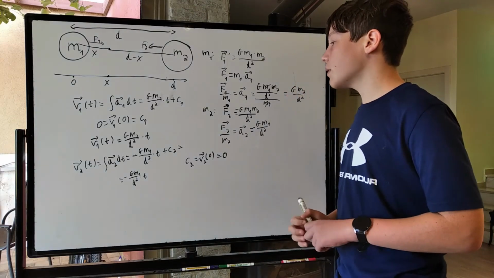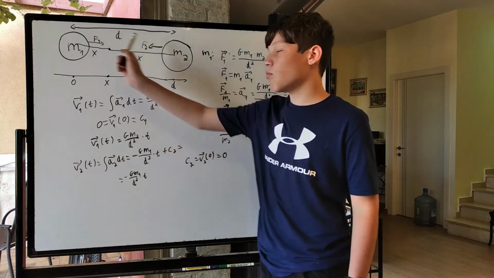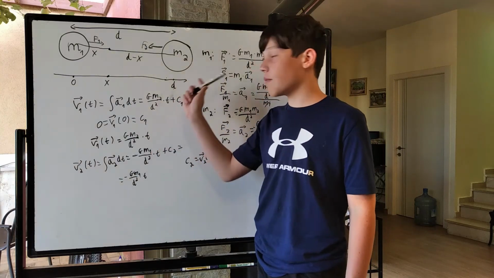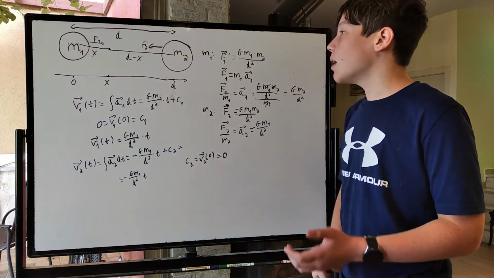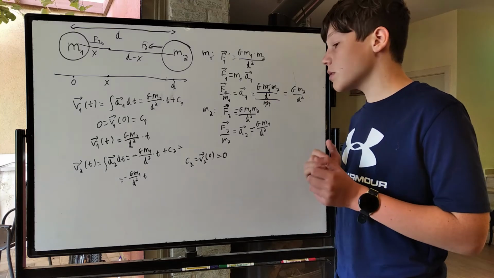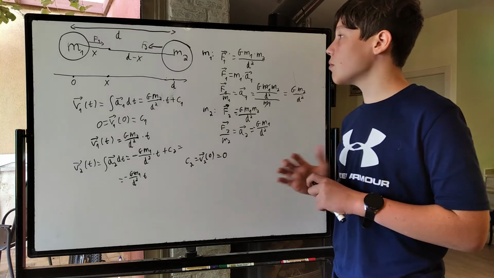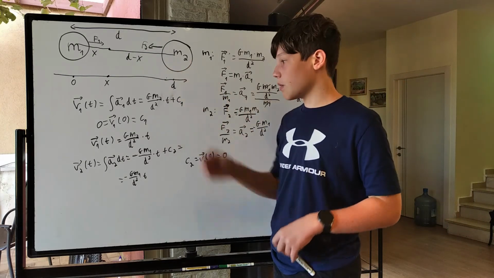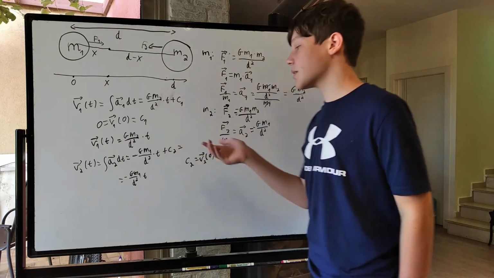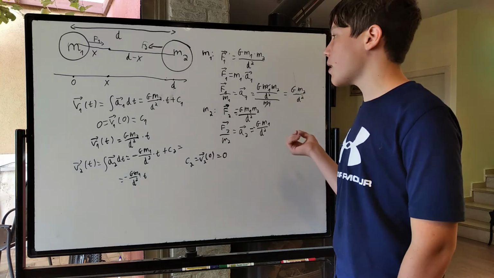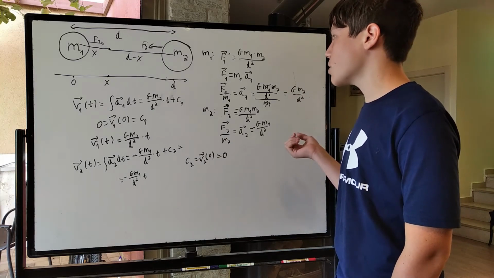So now that we have the velocity of m1 with respect to t and the velocity of m2 with respect to t, now we can figure out their position with respect to t: x1 with respect to t and x2 with respect to t, again by the process of integration.